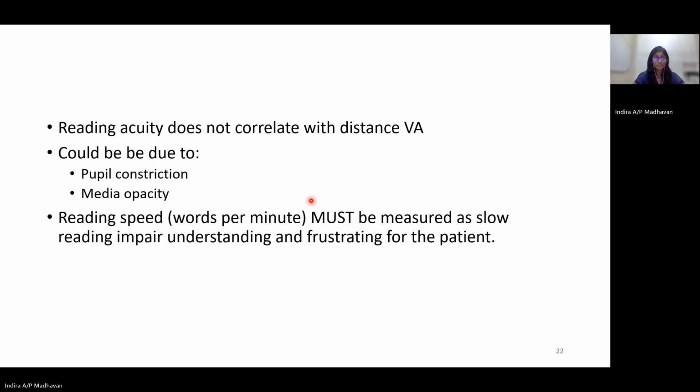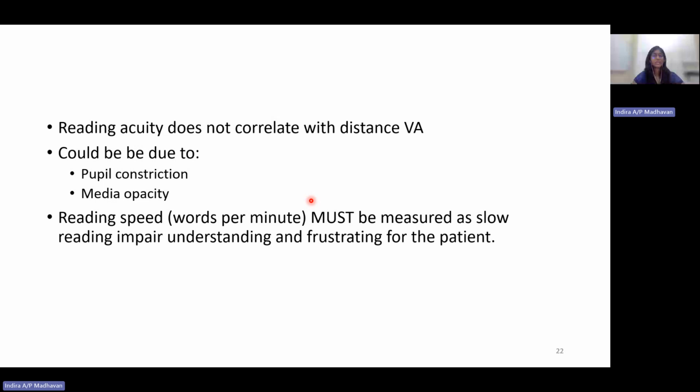Sometimes, whether the near vision is bad or good does not depend on the distance VA. Because the reading acuity drops could be due to pupil constriction, media opacity. There are many other factors affecting the vision that make them have a poorer VA than what is expected based on the distance VA.